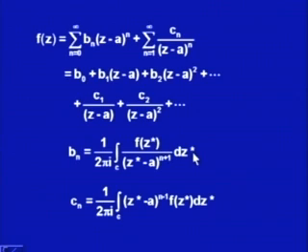Here z star is a point on this closed curve C, while the coefficients C n in the second series are obtained as 1 upon 2 pi i integral over the closed contour, and the integrand is z star minus a raised to power n minus 1 times f z star d z star. Here again this point z star will lie on the closed curve C.